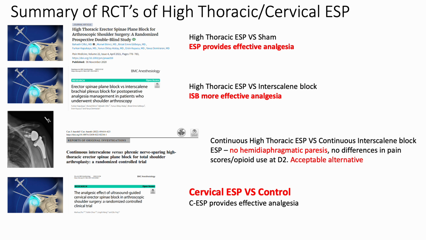There were no differences in the pain scores or opioid use at 48 hours, and they recommended that a high thoracic ESP is an acceptable alternative for shoulder replacements, especially in patients where diaphragmatic paresis could be a problem. In the last trial, which looked at cervical ESP versus control for shoulder arthroscopy, cervical ESP provided effective analgesia for arthroscopic surgeries.